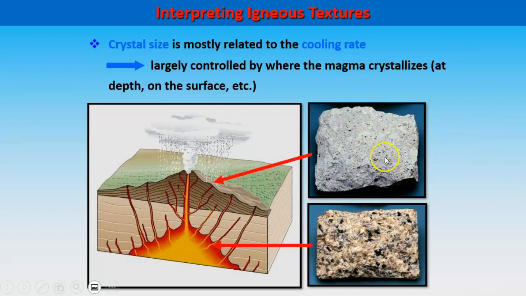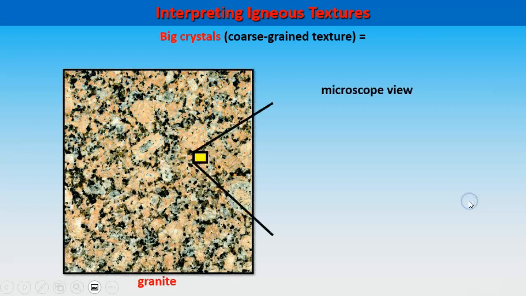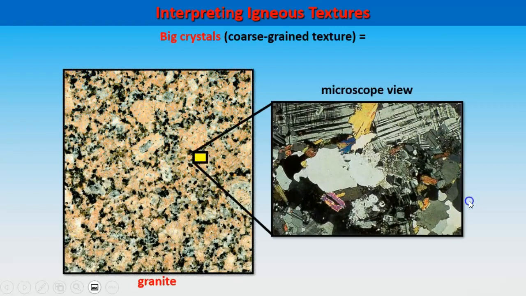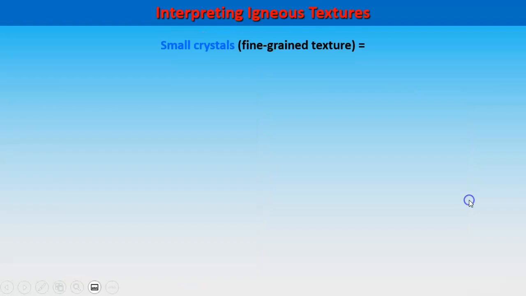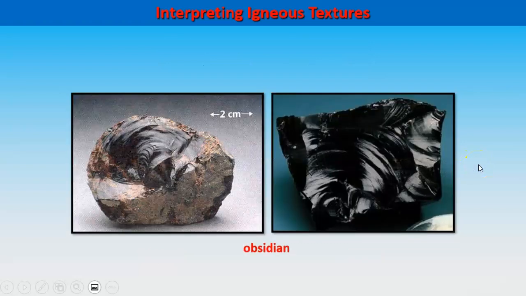These are both felsic in composition. Big crystals, coarse texture, right? Slow cooling at depth. Small crystals, doesn't matter what composition, it's still considered extrusive, cooled on the surface, because it cooled relatively quickly.